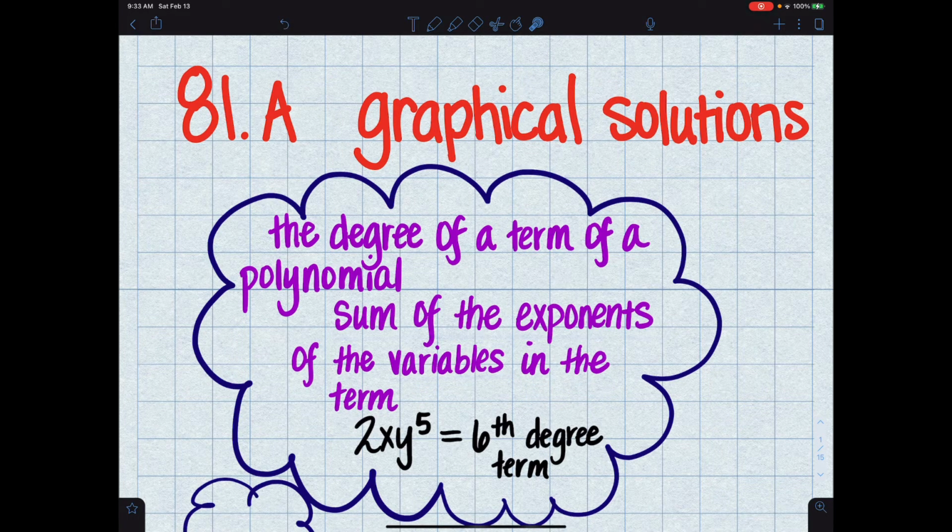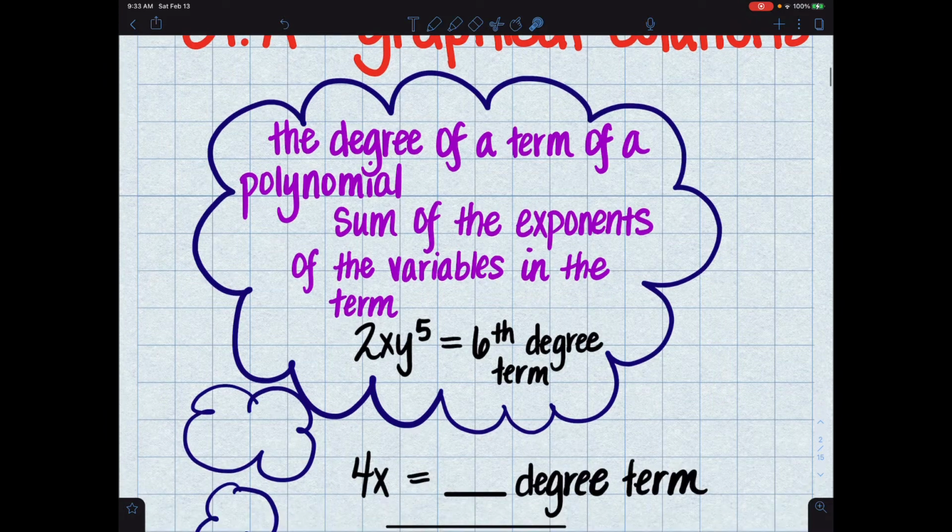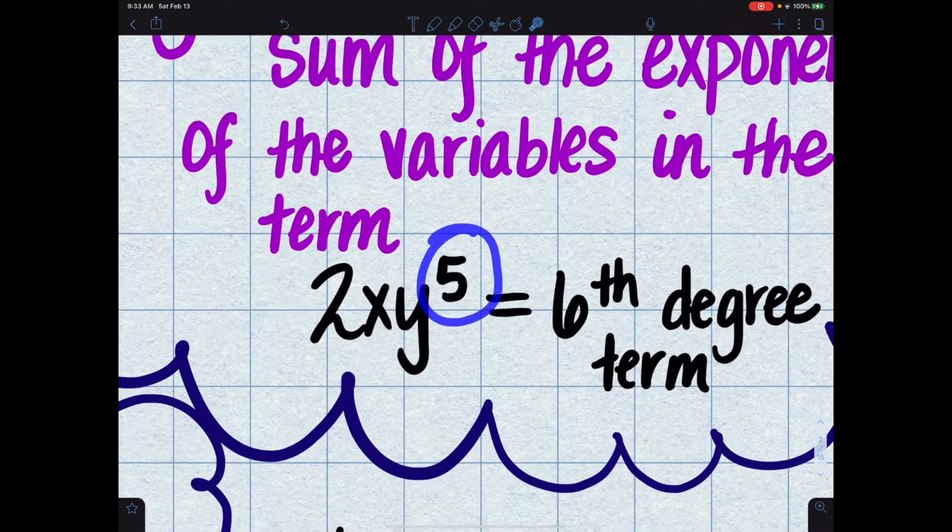We ignore the coefficient numbers, but if it's a variable like x to the fourth, y to the fifth, and x, when there's an x with no exponent, remember basically the exponent is 1, and you add up the exponents on all the variables, not on the numbers, just on the variables. And that gives you the degree.